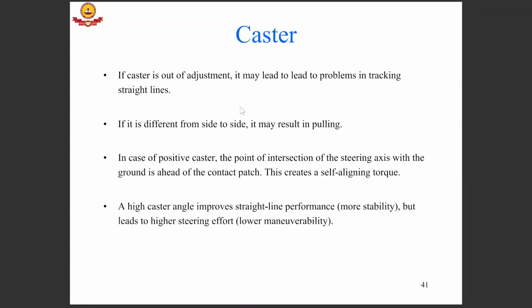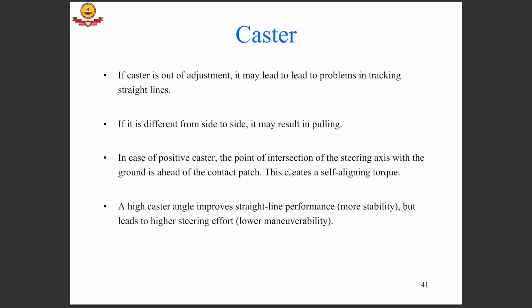If caster is out of adjustment, it may lead to problems in tracking straight lines because, as I told you, the self-aligning moment should align the wheel in the forward direction. But if there is a mismatch, then the left wheel and the right wheel get aligned differently, resulting in some kind of yaw motion. If it is different from side to side, it may result in pulling.